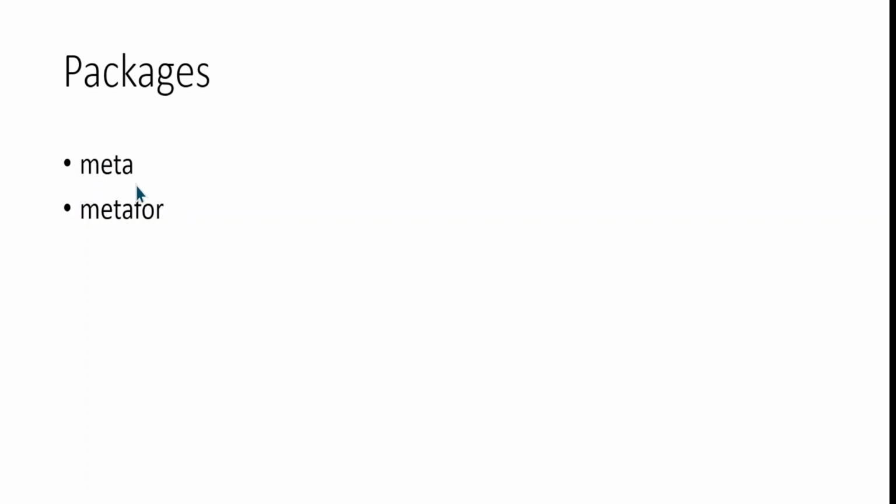I am mainly focusing on meta and metafor, because for some of the functions that meta uses, you may also have to load metafor. So it's very important to install these two packages, and I will give you another package, which is the esc package. These are the most important packages that you will need for our tutorial.